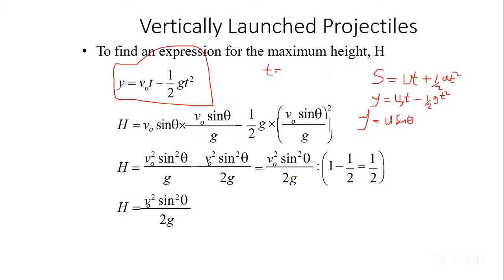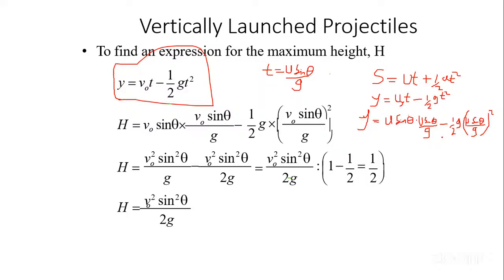Now remember that the time it takes to get to the maximum height is t equal to u sine theta over g. If you substitute that for t here, you have u sine theta over g, minus half g, then we have a t here again, so this is u sine theta over g, all squared.